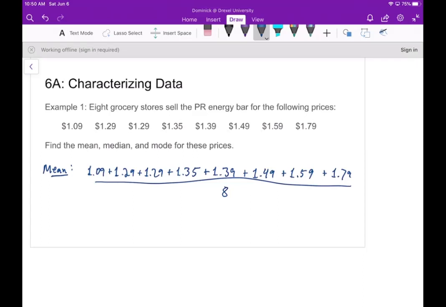So if we add them all together, it looks like I missed a decimal here because I'm getting 129, which is not right. Okay, let's try this again. Okay, I think that's better. So when we add all these, we get $11.28. And of course, I want to divide that by 8. And it looks like we get that the mean of this data set is $1.41.